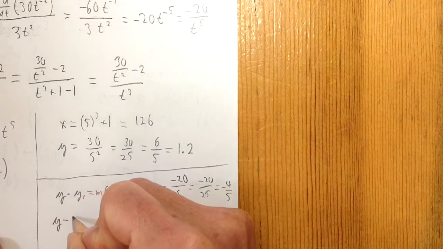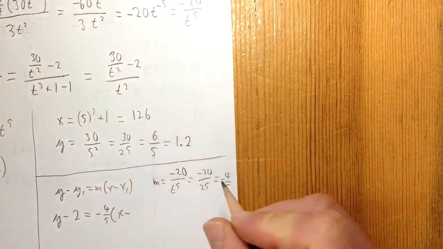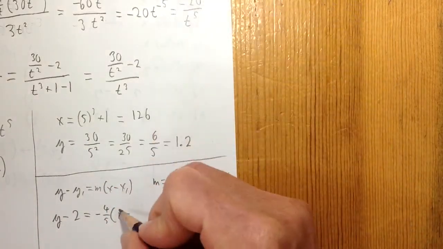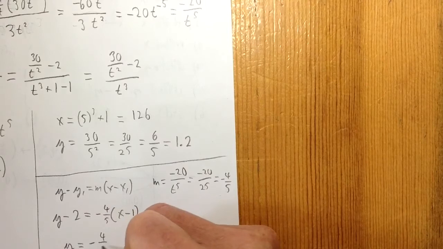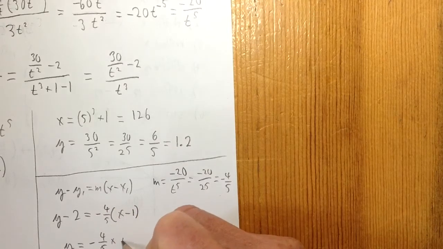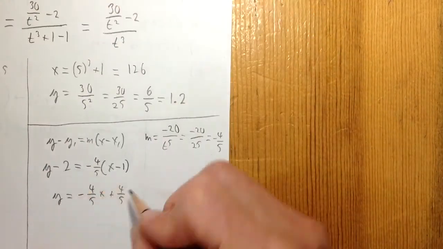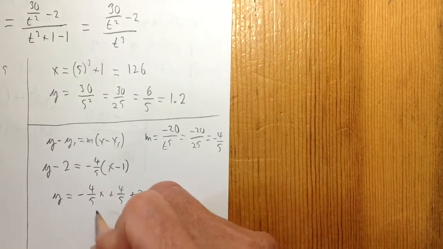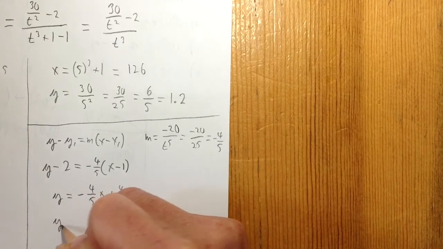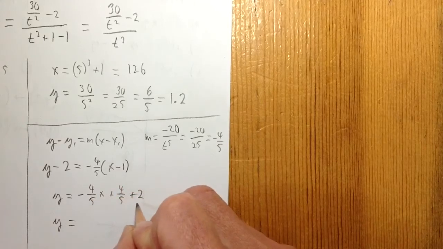So y minus 2 equals the slope, negative 4/5, x minus 1, or y is equal to negative 4/5 x plus 4/5 plus 2, or finally y is equal to, let's add those together.